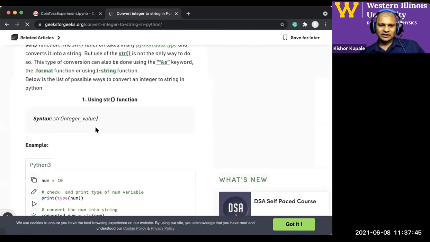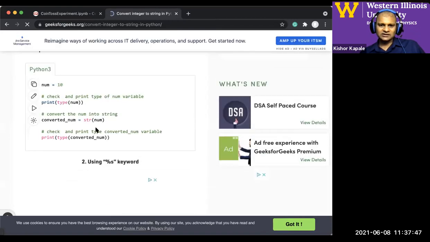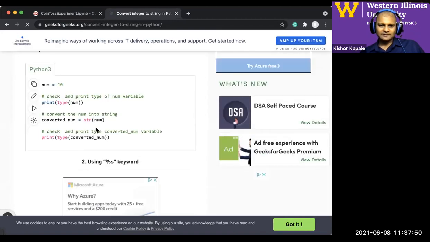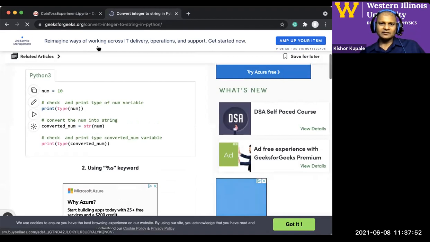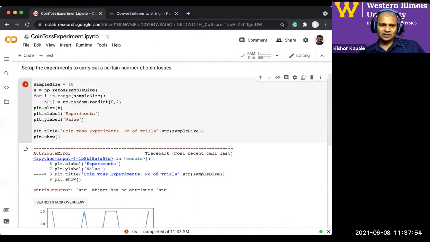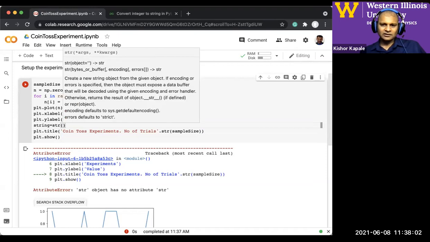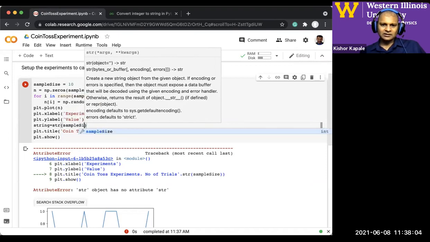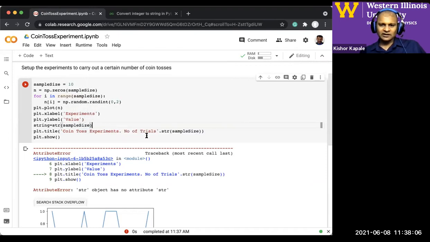the trouble I think is we need to generate the string outside. Okay, so we will just do that here. Equal to str of the sample size. Okay, and then we add that string in here.